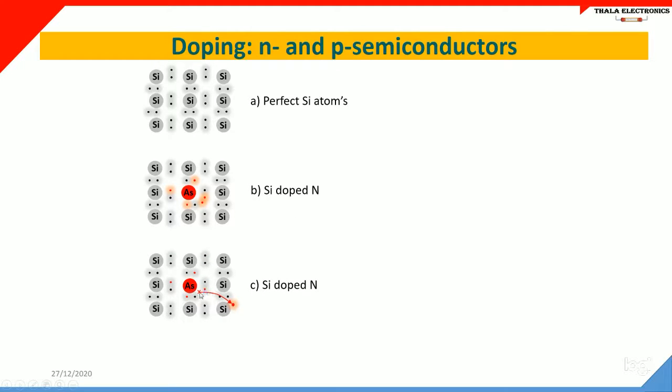What we can see here is that this fifth electron can be moved through the silicon crystal using a very low energy electrical field. This is what doping N means.